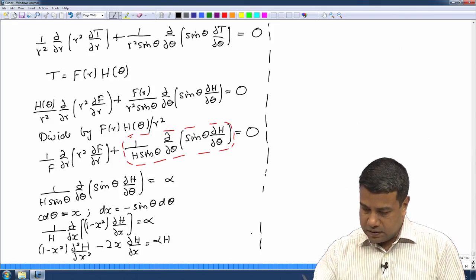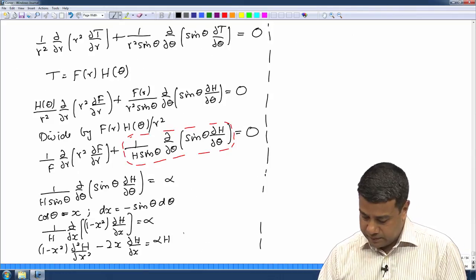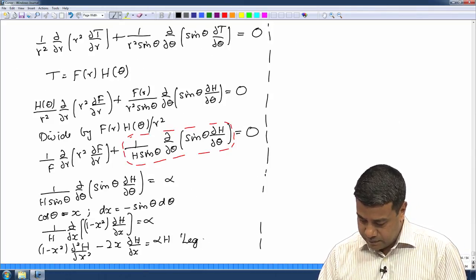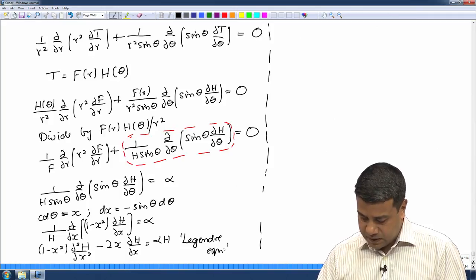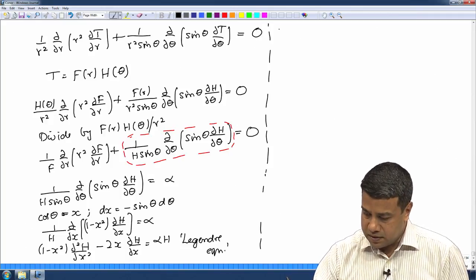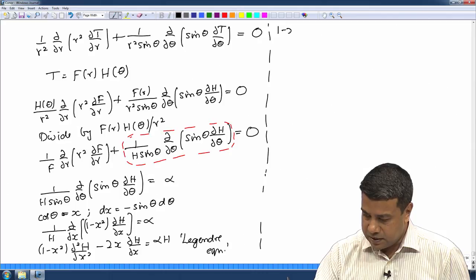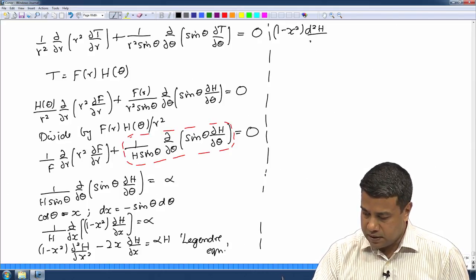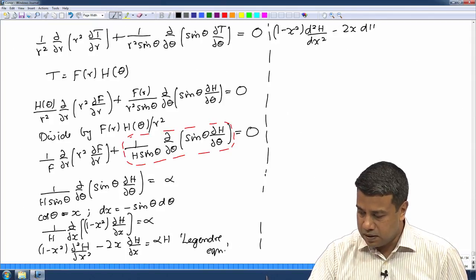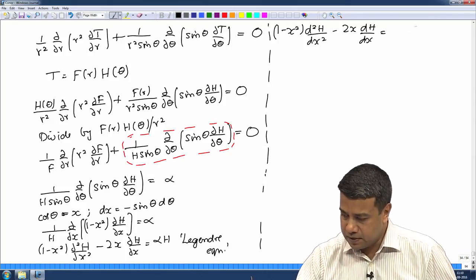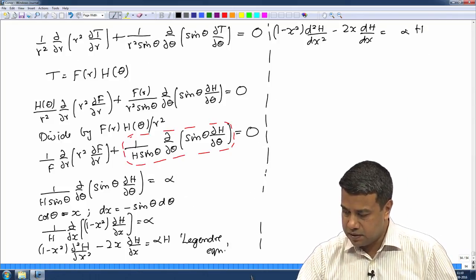This equation is called the Legendre equation. So, the equation is of the form 1 minus x square d square h by dx square minus 2x dh by dx is equal to some constant times h.